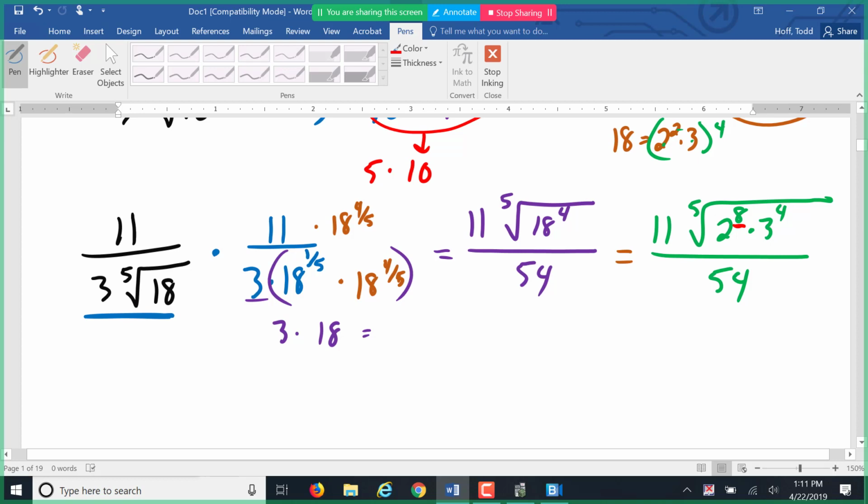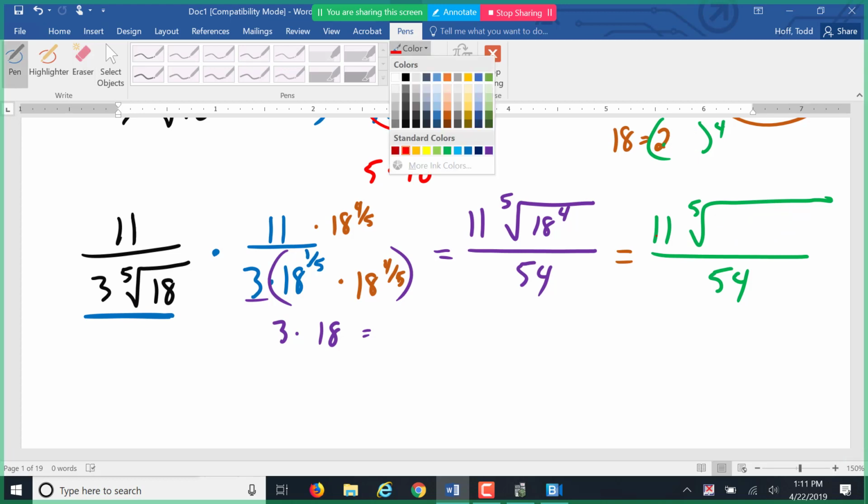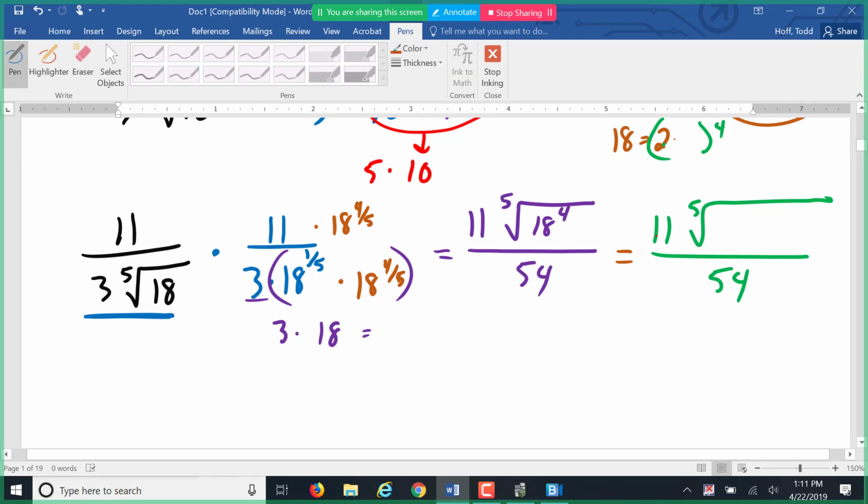There's 8 2's in the factors because it's 2 to the 8th. I can pull out 5 of them to make a 2. Isn't it 2 times 3 to the 2nd power? Ah, thank you. Good catch. Yes, it's not 2 squared times 3, it's 2 times 3 squared. So that's going to give us 2 to the 4th power times 3 to the 8th.